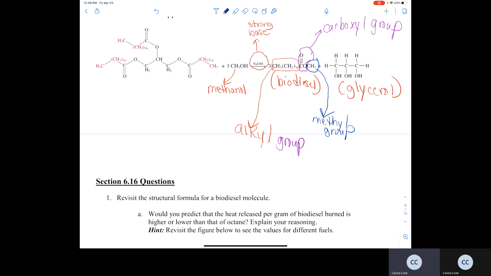If ethanol would have been used, then this would be an ethyl group, CH2CH3. So that methyl group would be called our R prime group, whereas the alkyl portion, that's our R group. So this is a transesterification reaction.